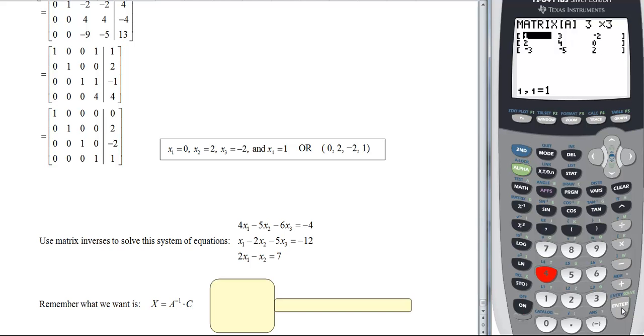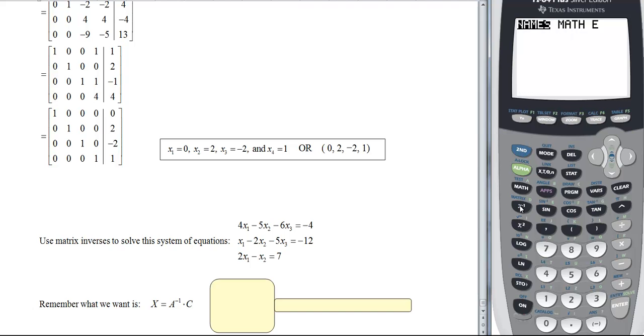So I've got 4, negative 5, negative 6, 1, negative 2, negative 5, 2, negative 1, 0. Okay, so let me quit that.